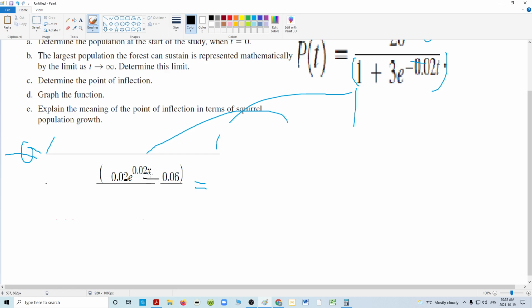So instead of moving the 0.06 to the other side, let's move the e to the other side and make it positive. Again, we're going to have a problem here. You could take a minus 1 out of this left side and make it positive. However, you're going to have a problem.